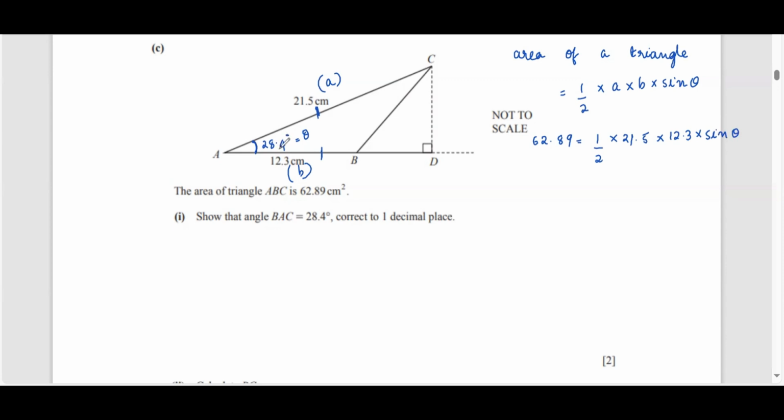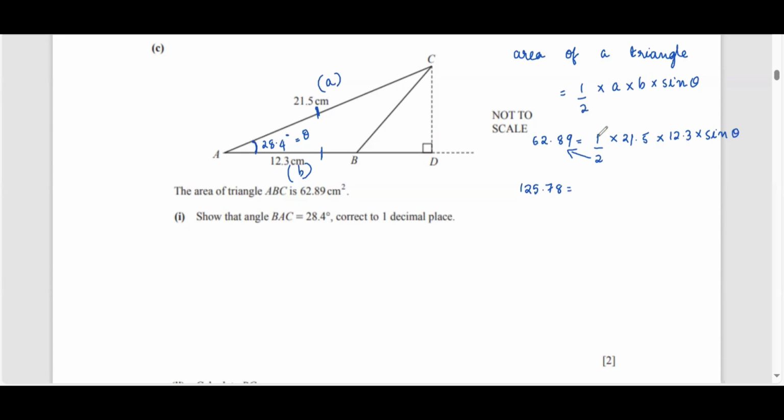We need to prove that the theta value is 28.4. For the time being, right now, we don't know. So first we'll cross multiply this: 62.89 multiplied by 2 will give us 125.78 is equal to 21.5 into 12.3.